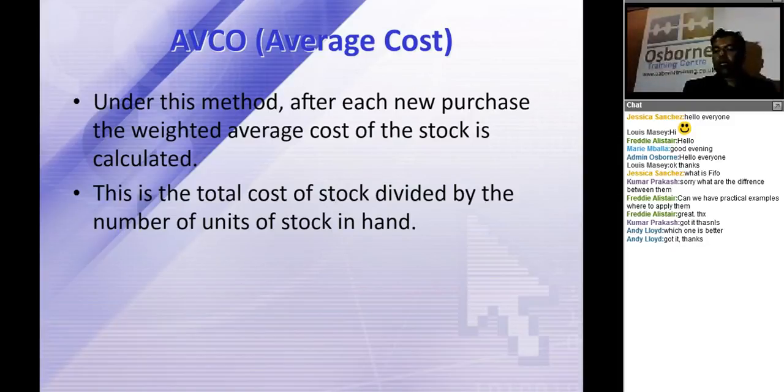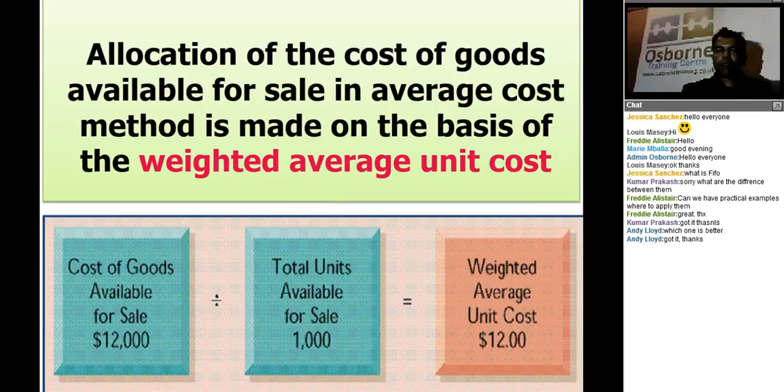So it looks at all the periods and then gets an average cost for them. A simple example is if you've got one stock at $1,000 and the next batch at $3,000, the average cost would be $2,000 per batch. But we'll be looking at an example in the next slide.